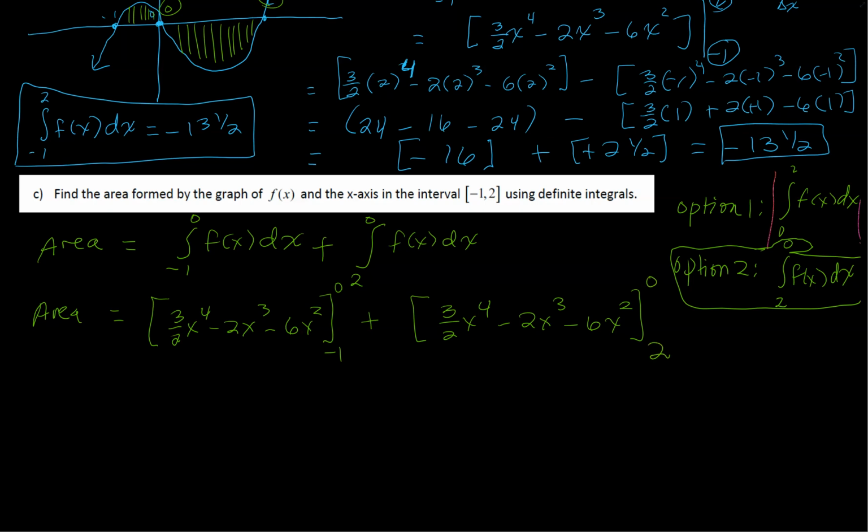Okay, so the area, when we plug in, we would say upper minus lower. So upper, plug in 0, I will have 0 minus, when we plug in -1, we have seen already before that this is going to be a -2.5, plus, when we plug in 0 here, we know already that's going to be 0, minus, when we plug in 2, we'll get a -16.